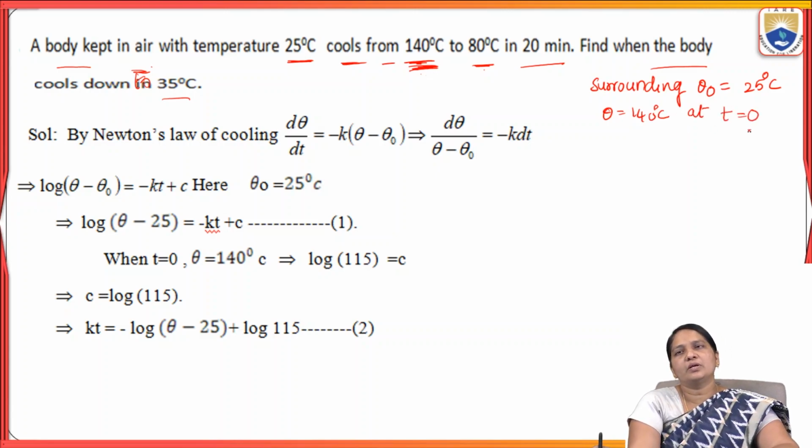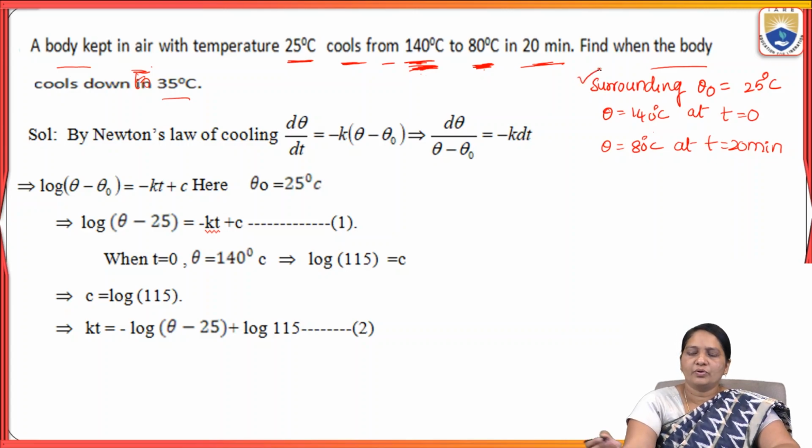So at t equal to 0, theta is 140 degrees C. It cools from 140 to 80 in 20 minutes. That means theta equal to 80 degrees C at t equal to 20 minutes. This is the given data from the problem.